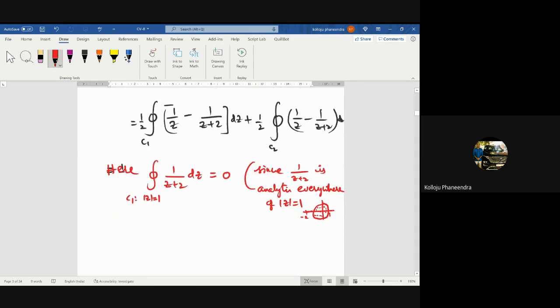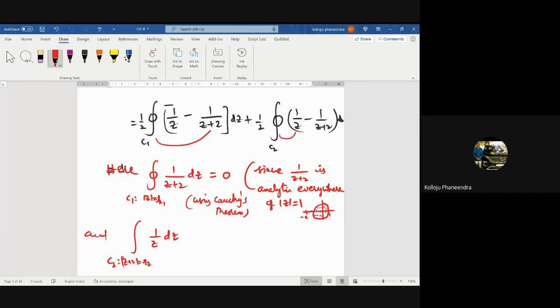1 by z plus 2 is analytic everywhere. Now this is Cauchy's theorem. Its value is 0. Same logic, similarly, the integral over C2. What is C2? Mod z plus 2 equal to R2, some radius R2. 1 by z, if I take, that means this integral.